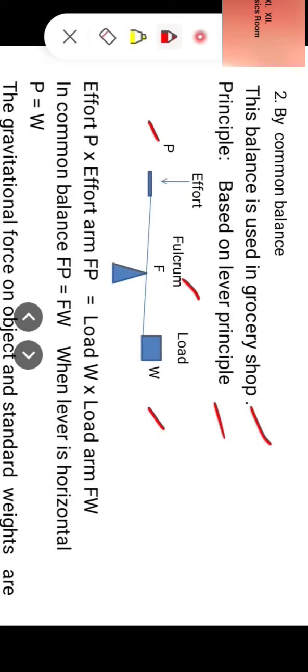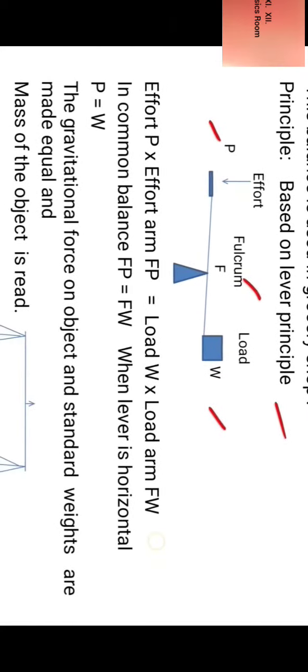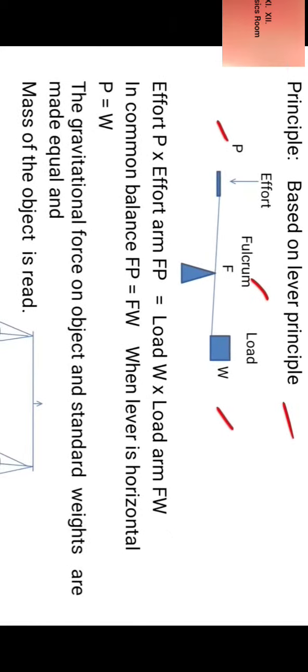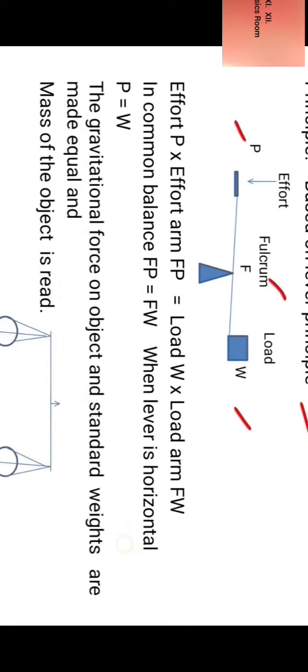So when the fulcrum is exactly in the center, FP is equal to FW, and when the lever is horizontal, P will be equal to W, and the gravitational force on the object and the standard weights are made equal, and the mass of the object is read.